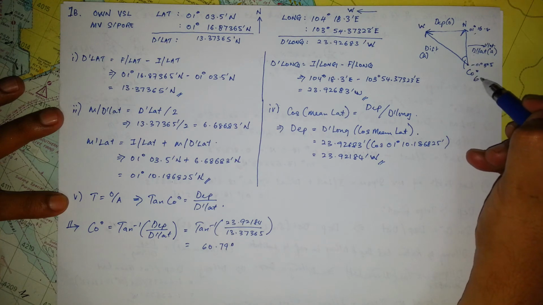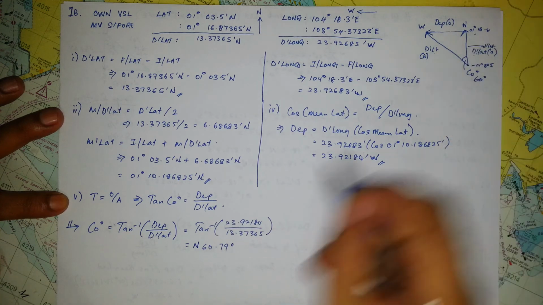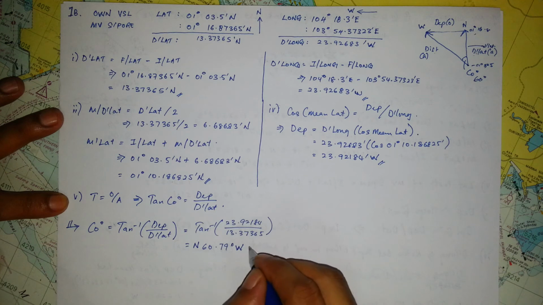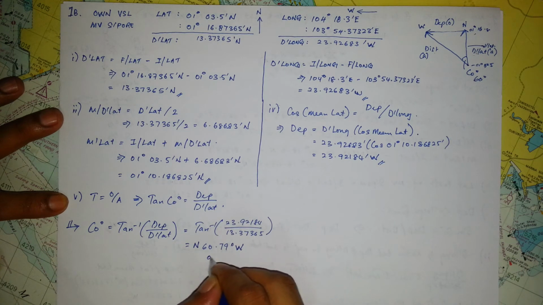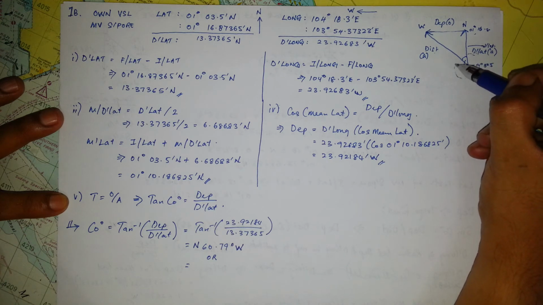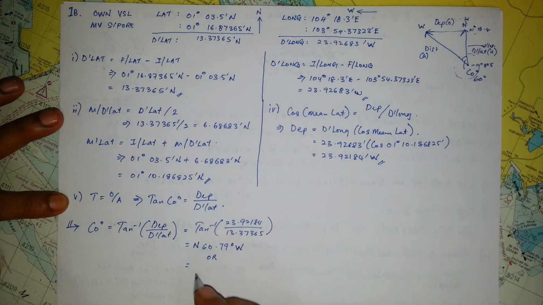So this is 60 degrees north and west, or this whole angle here is the true, so we take 360 and minus.